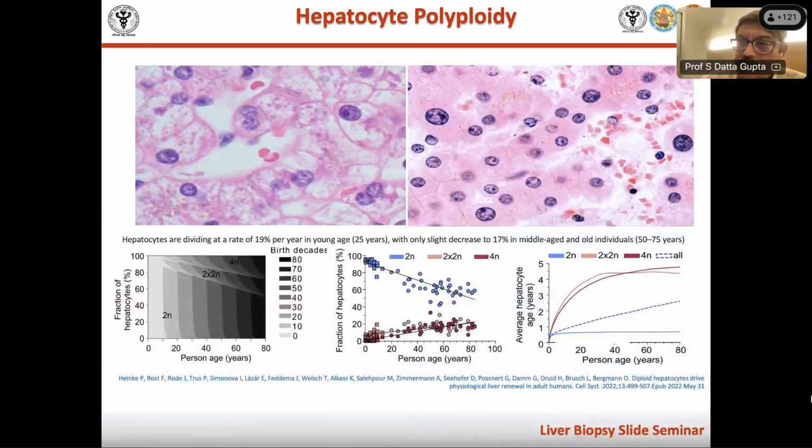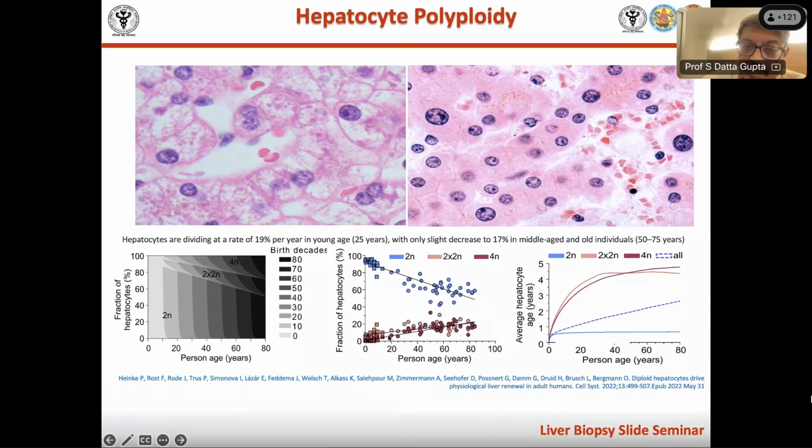Then you saw the liver cells, no? They were looking a little large and wonky. As a person becomes older, there is polyploidy in the liver cells. That's why they look somewhat dark, larger, with nucleus and all. You sometimes wonder, is this dysplastic or not? That is because the amount of DNA increases to 2 times, or again more, it may be 2n or 4n as the age increases.